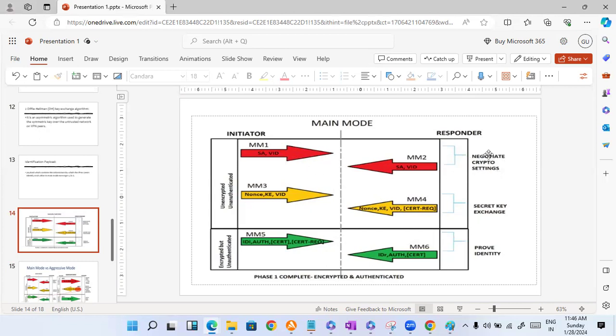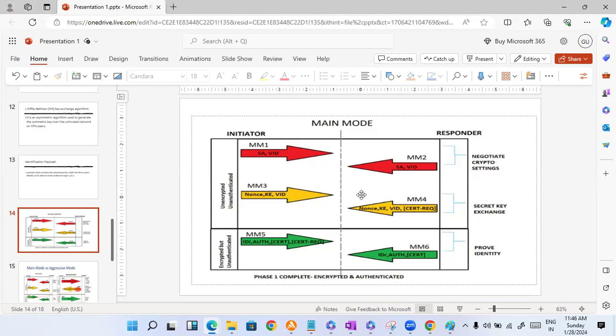Once they share this, in messages three and four they share the key values, like secret keys, public keys, private keys. This is still phase 1 we are talking about, not phase 2.